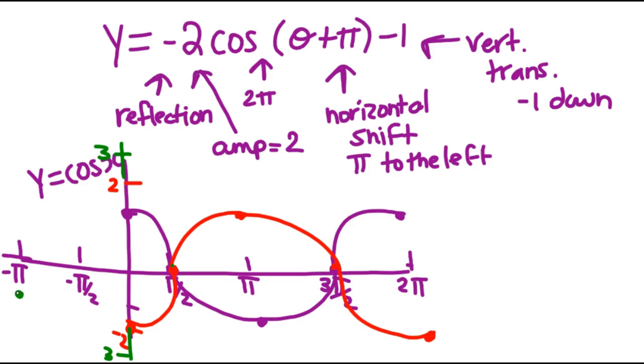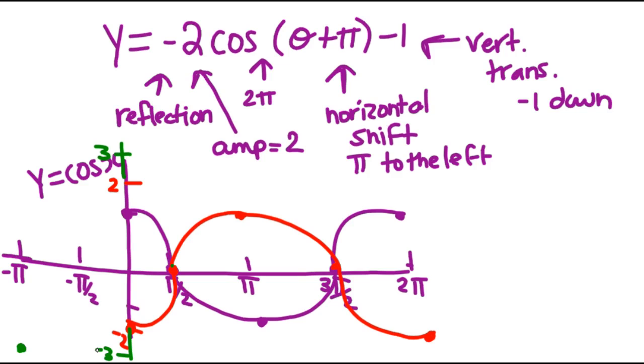Oh, sorry, that wasn't our first point. I should be starting here. Okay, there we go. This one is over pi and down 1, so it should be here. Okay, so we're at -3.